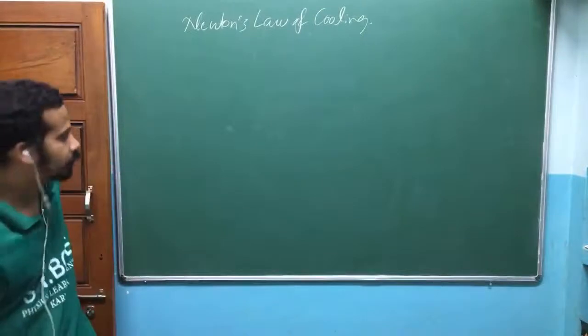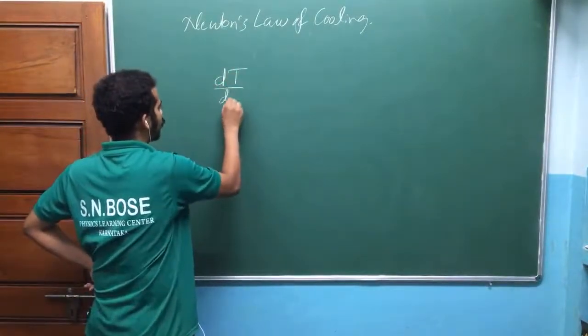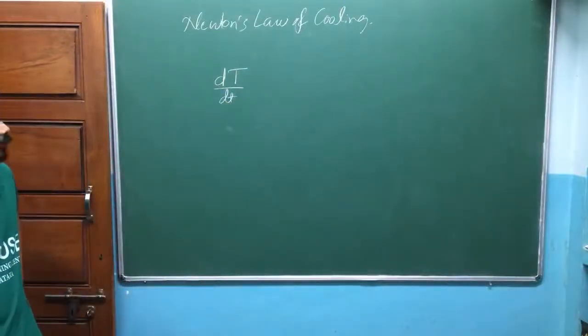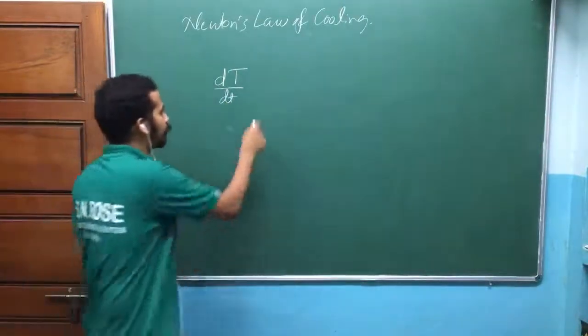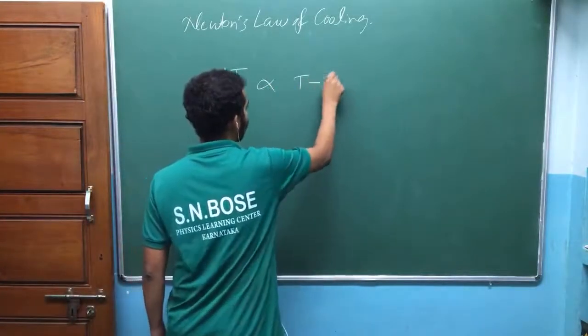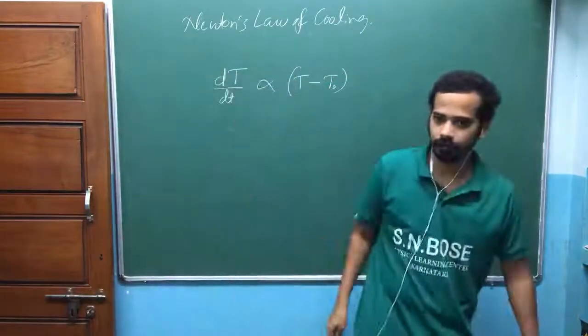Now this says, look here, the rate of change of temperature of the body with respect to time is proportional to the temperature difference between body and surrounding. Wait a second, the sign should be modified properly.